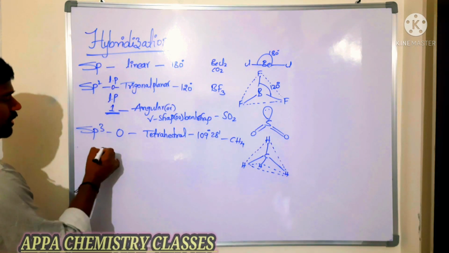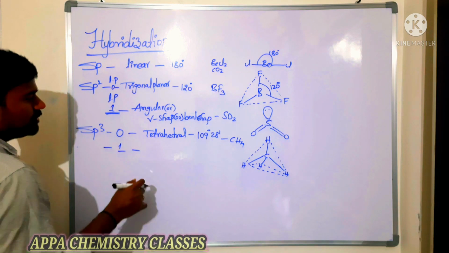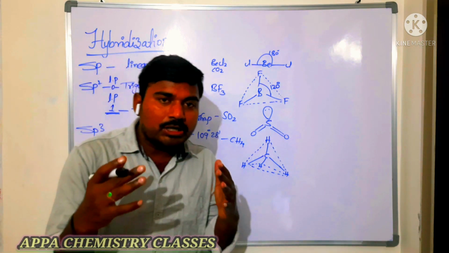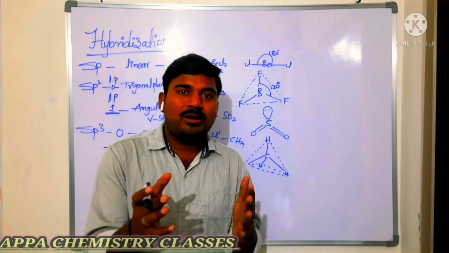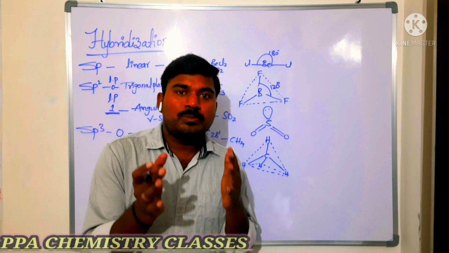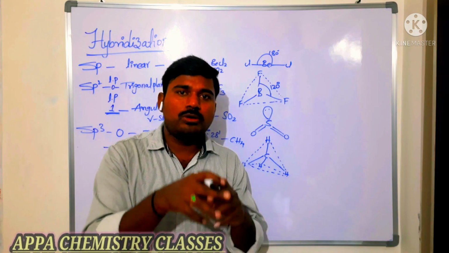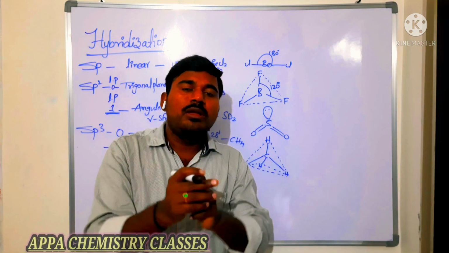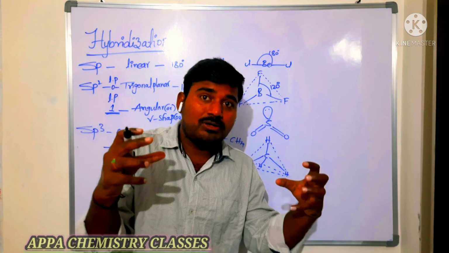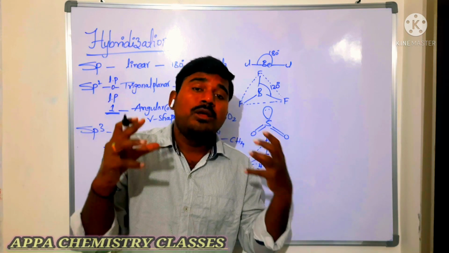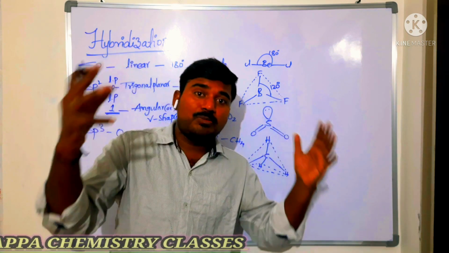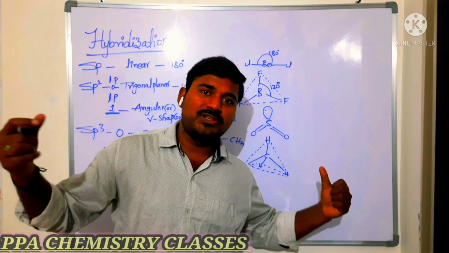Is that clear? Now sp3 with one lone pair, what happens? According to VSEPR theory, the lone pair of electrons will occupy more space on the central atom when compared to a bond pair. Just now I told you a lone pair is located on one atom, while a bond pair is shared between two atoms. So the lone pair occupies more space, which creates more repulsions.